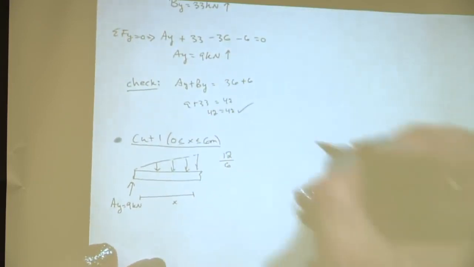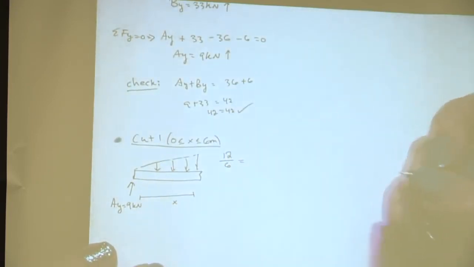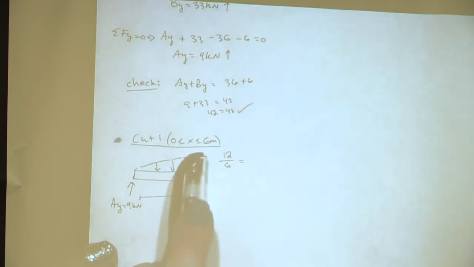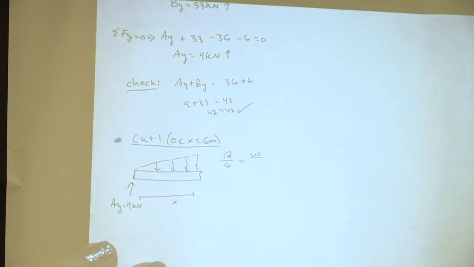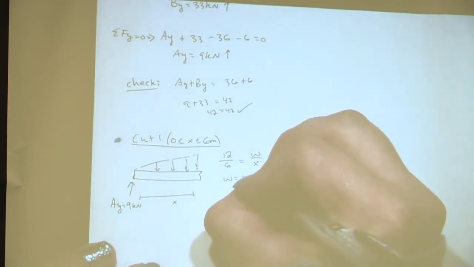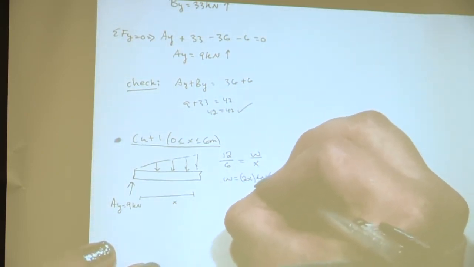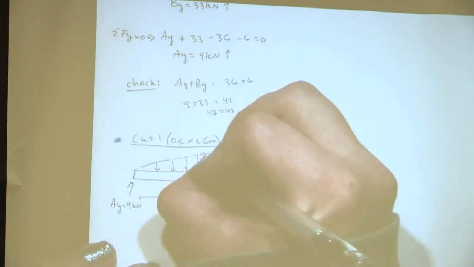And then what do we set that equal to? The distributed load, so let's call that omega, over this entire distance x. Now do the cross multiplication and solve for omega. That gives us 2x, in terms of kilonewtons per meter.